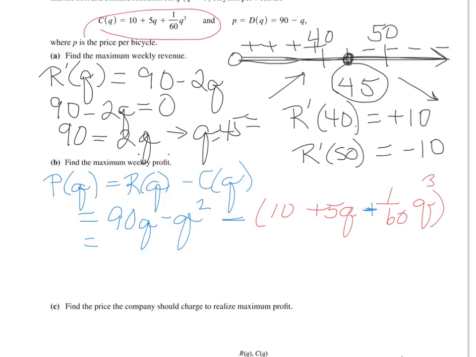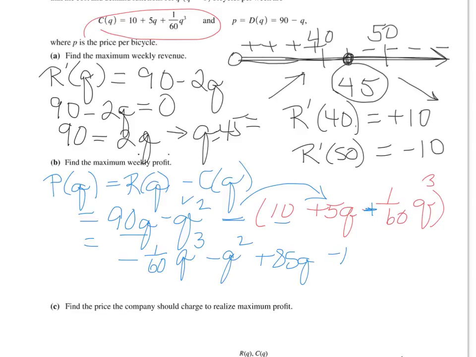So minus times positive means we have negative 1 over 60 Q to the third minus Q squared, (90 minus 5 is plus 85Q), and then minus times 10 is minus 10. So our profit equation, P of Q, is equal to that.